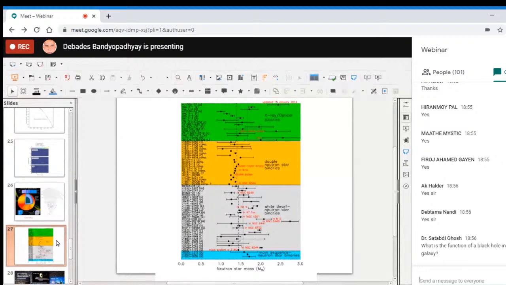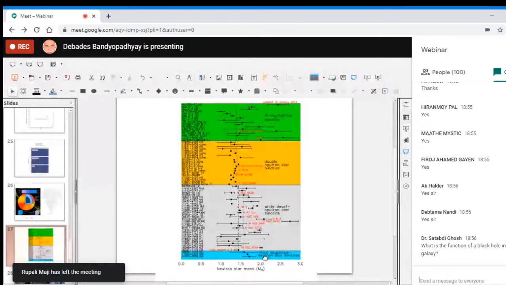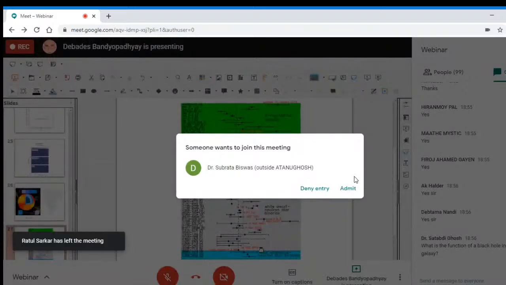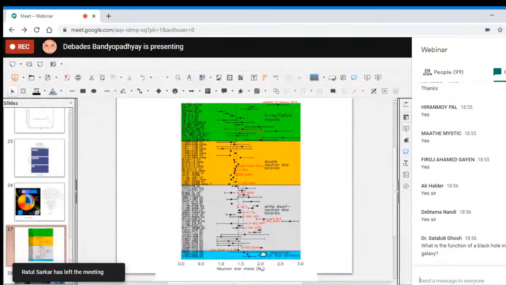At the bottom you can see the heaviest neutron star mass measured so far is 2 solar masses, which has a very small error bar at the bottom, just below this cyan colored band.